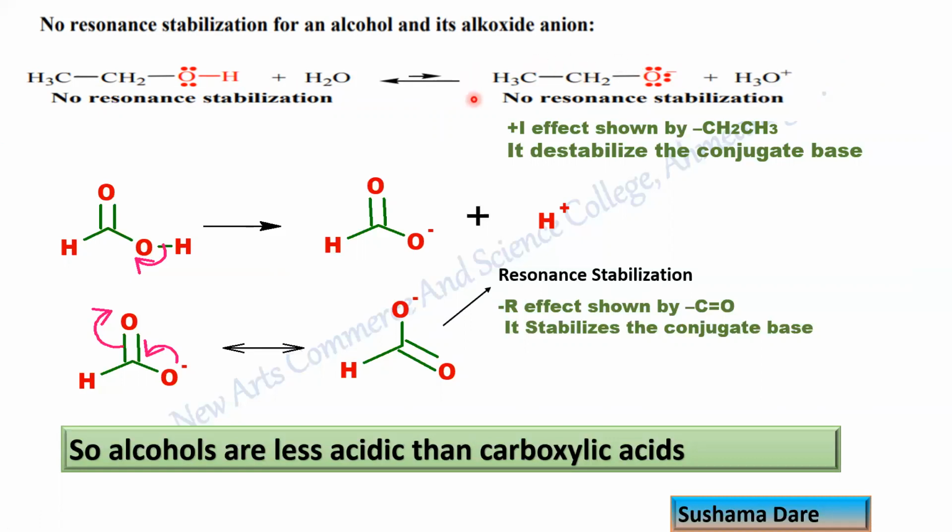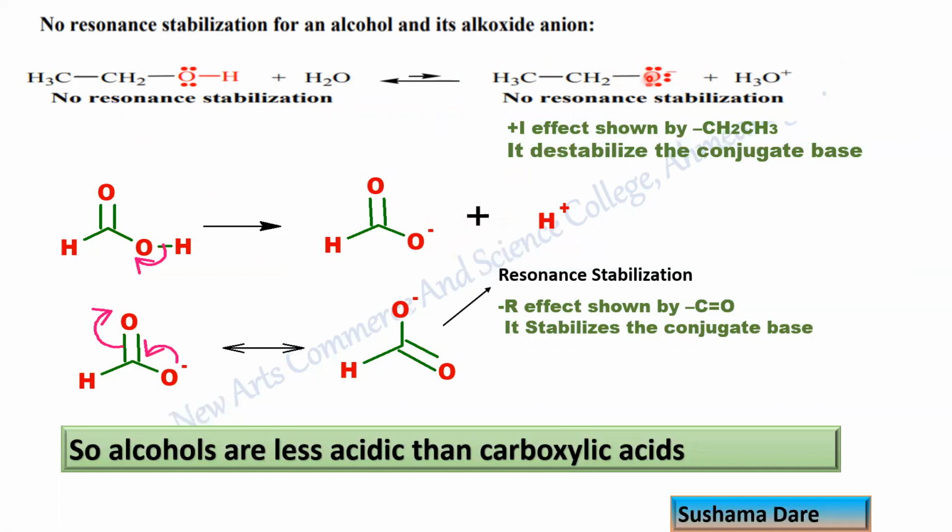In this conjugate base, the oxygen carries a negative charge. Same after dissociation of methanoic acid, again oxygen carries a negative charge. So in both cases, oxygen carries the negative charge.